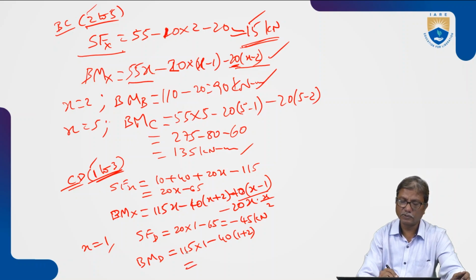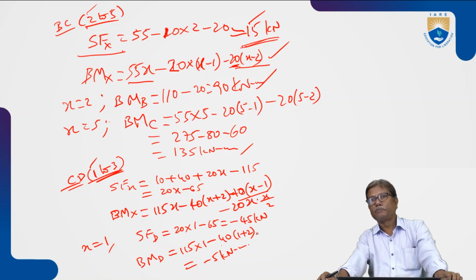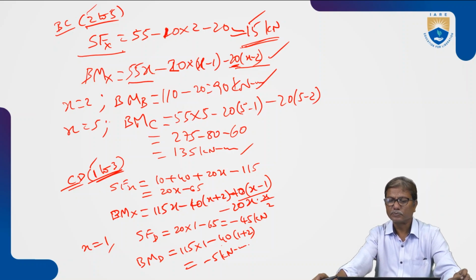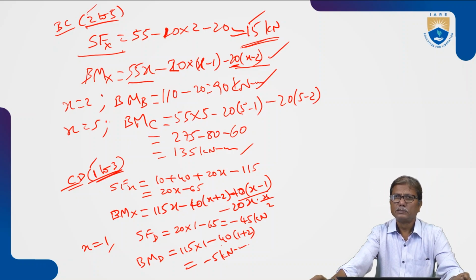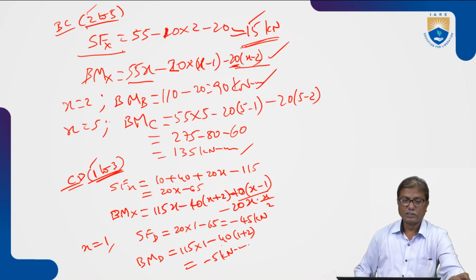So this is 115 minus 120, so minus 5 kilonewton meters. Bending moment at D is minus 5 kilonewton meters. Okay. Next, at x equal to 3.